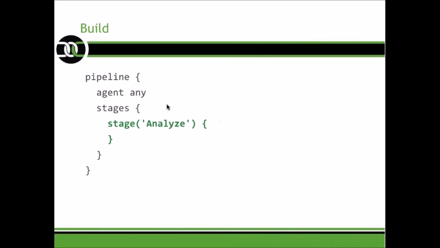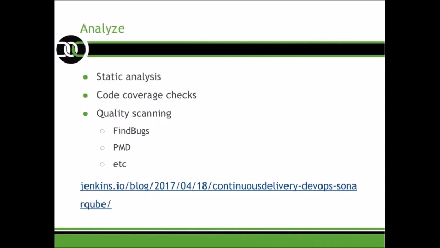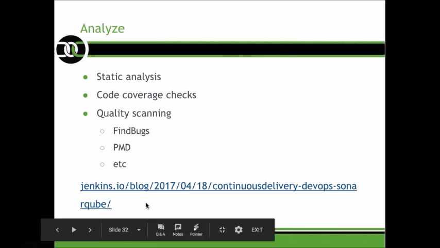The analyze stage. So in this case, again, this is where you would do things like code coverage or static analysis, running FindBugs. Creating a SonarQube installation would be a great thing here, but I again don't quite have enough time in this presentation.